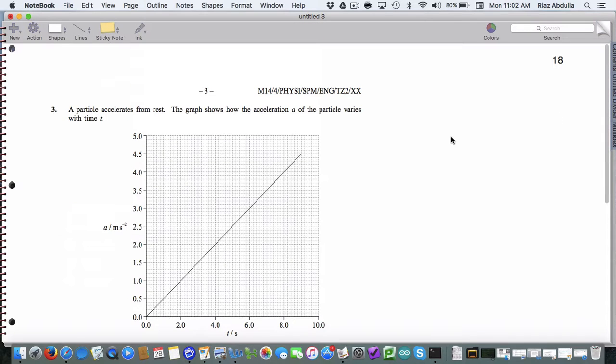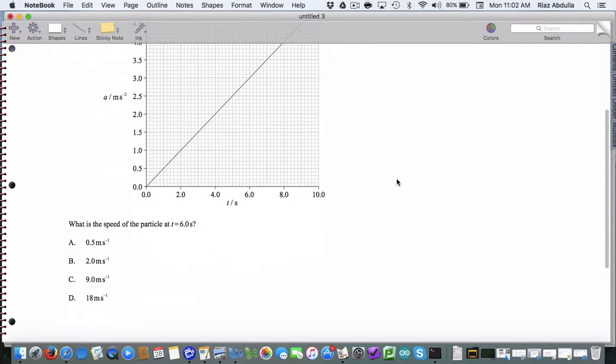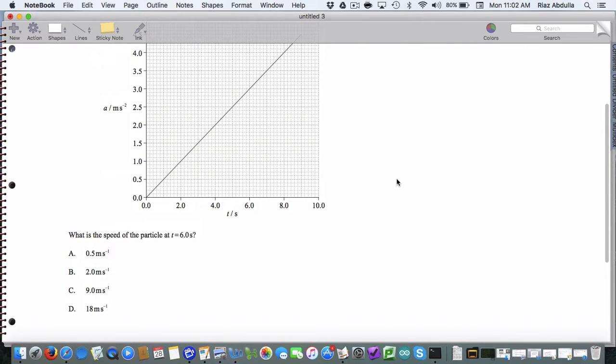Let's see. This one. We have a particle accelerating from rest, and we want to know what the speed of the particle is at 6 seconds. Let's just measure it off here.